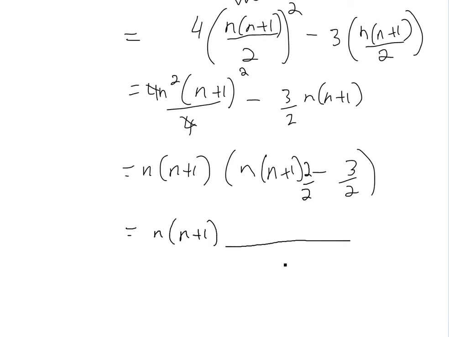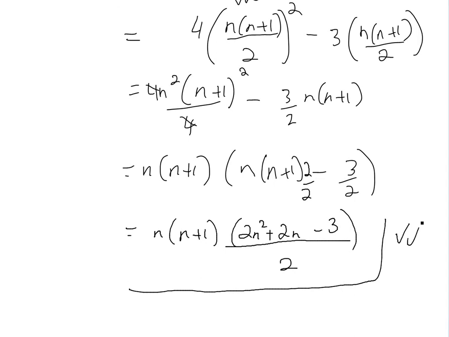If you multiply 2n by (n plus 1), you get 2n squared plus 2n, and then a minus 3 on the top here. So this is our answer.